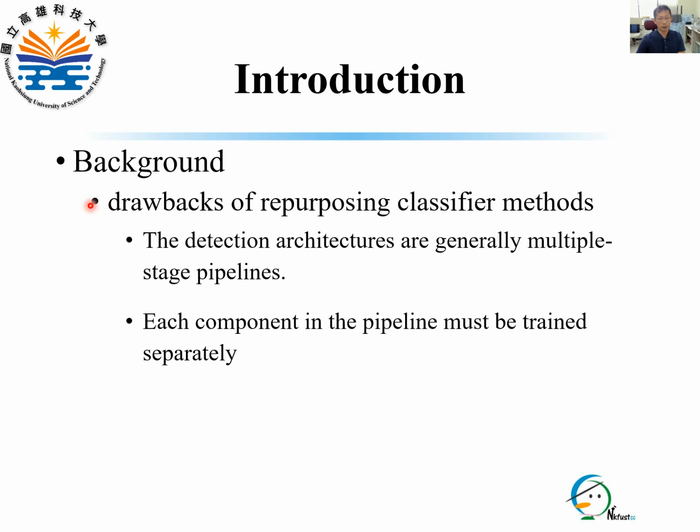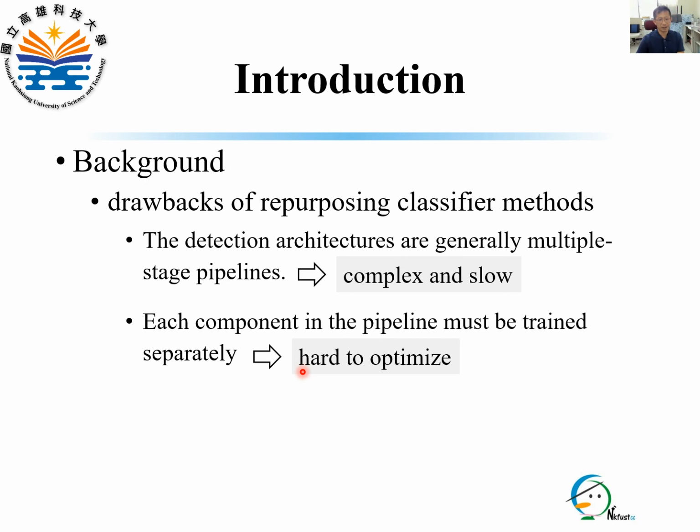However, there are two main drawbacks to repurpose classifier methods for object detection. Firstly, the detection architectures of this kind of method are generally multiple-stage pipelines. This makes the algorithm complex and slow. Secondly, each component in the pipeline must be trained separately, and this makes their architecture hard to optimize.